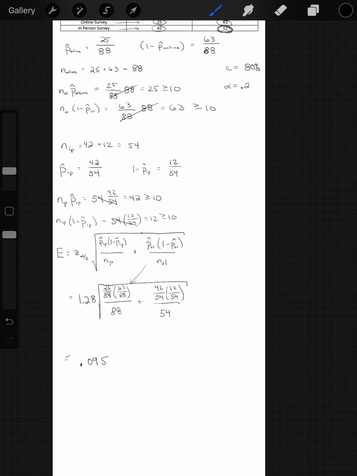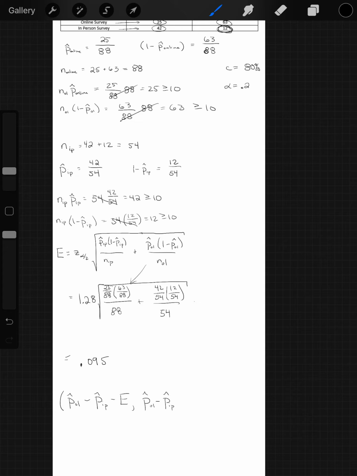Remember, these errors, we should consider them as errors of percentages, right? So numbers that look like 0.095 are exactly the type of numbers that we might be expecting. So this is going to be p-hat, let's do online first, and then in person, minus E, and it's going to be p-hat online.